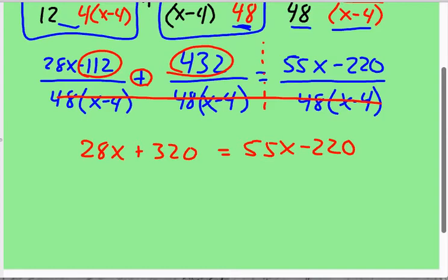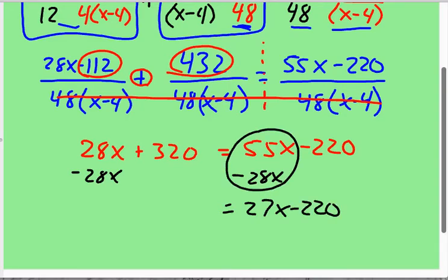Okay, I'm going to subtract 28x from both sides. Get all my variables on one side. And that's going to give me 27x minus 220. 55 minus 28 is 27. I still have the 320 on this side.